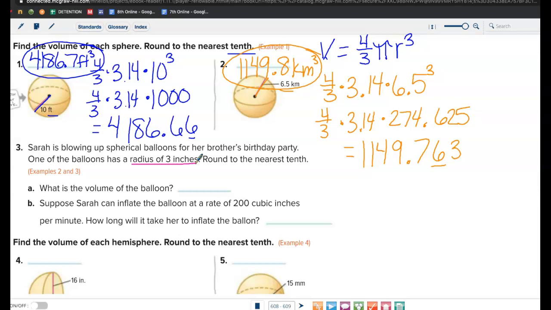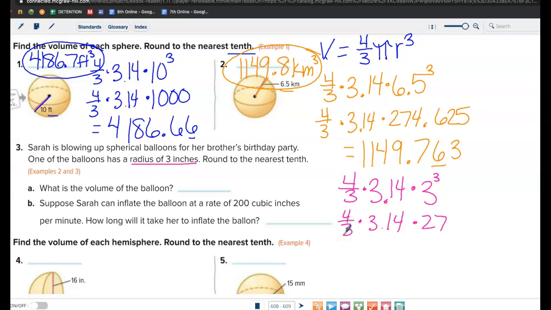So we're going to use 4/3 times 3.14 times my radius, which we found was 3. We're going to cube that. I do my exponents first, so 3 cubed is 27, times 3.14 times 4/3.